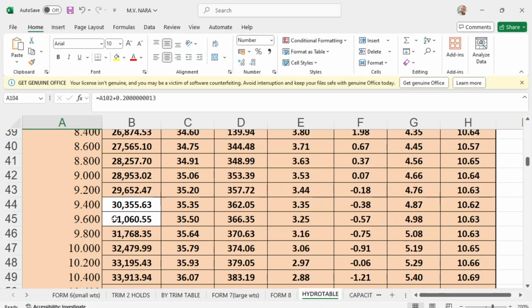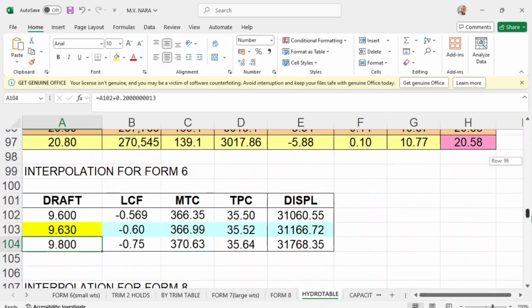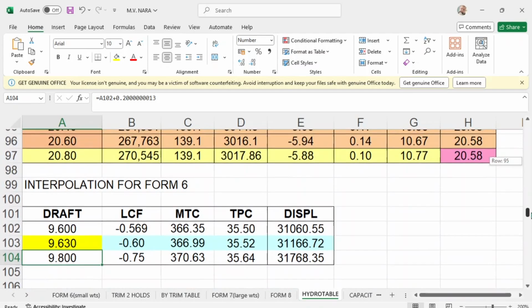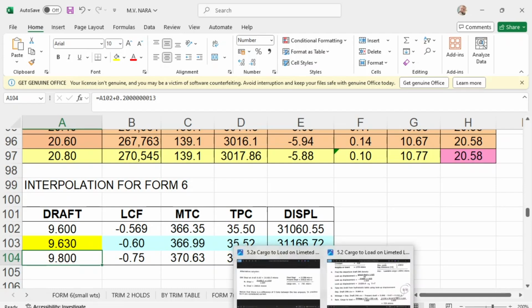This is seawater, guys. So to have a quick interpolation, I just put here 9.63, and this will be your seawater displacement of 3116.72, which is this one, guys.